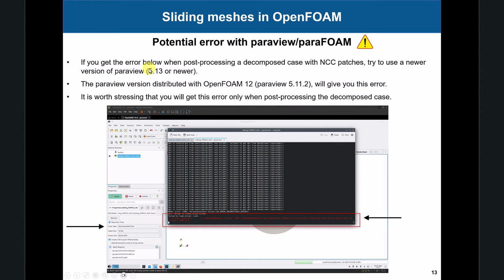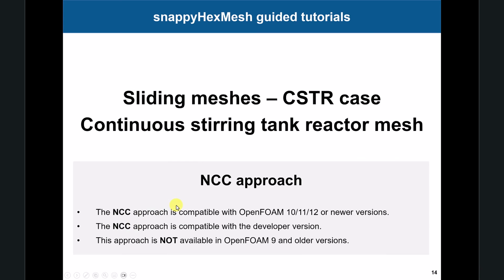My advice is to install a newer version. I tested 5.13 and it works. Be careful about this, but don't panic. By the way, you can do the post-processing in serial: if you have the case in parallel, reconstruct the case and it will work. Everything happens when you are doing the post-processing in parallel on the decomposed case.